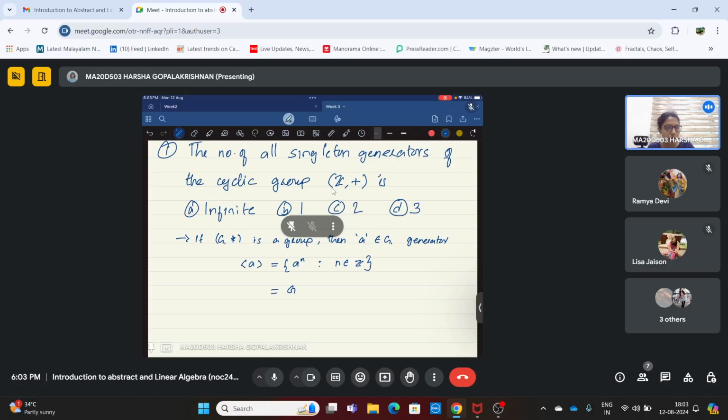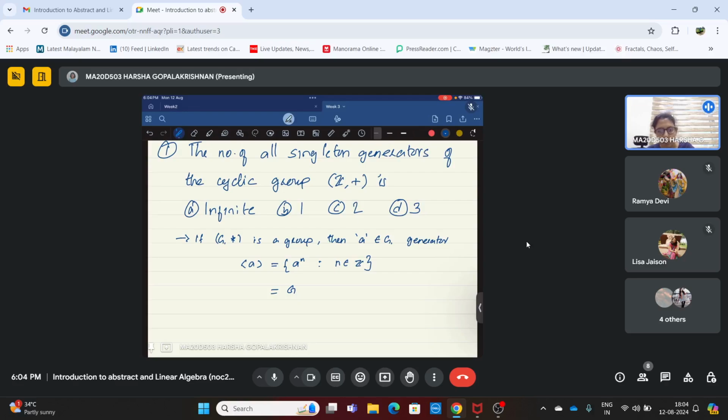So how many generators are there? How many elements generate the whole of Z, the integers under addition?